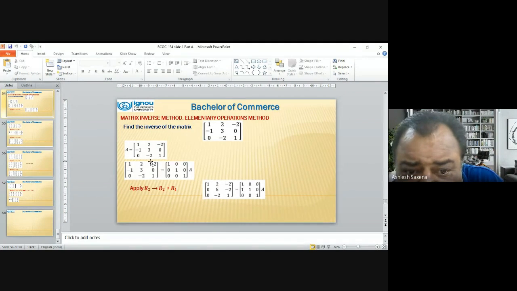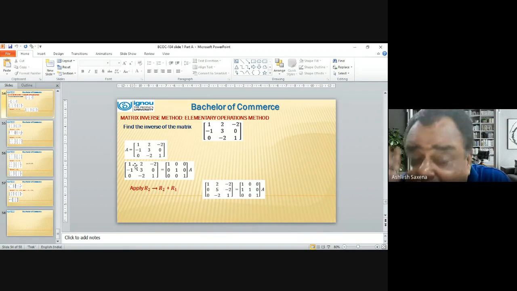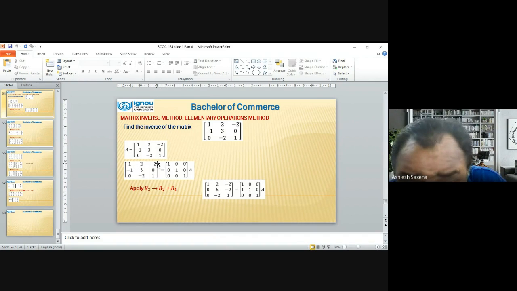Or you can say that this is what has been transformed by you. What we will be doing, and why we are doing this? We will be transforming this matrix into identity matrix form.